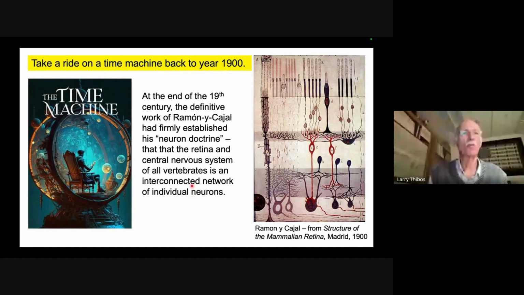That key idea, which we may now take for granted, prior to Cajal and the work in the 19th century, was not appreciated. They didn't realize that these were individual neurons. The photoreceptors at the top, inner neurons, and then the ganglion cells. A 3-neuron chain to get that retinal image sensed and sent off as a neural image to the brain.